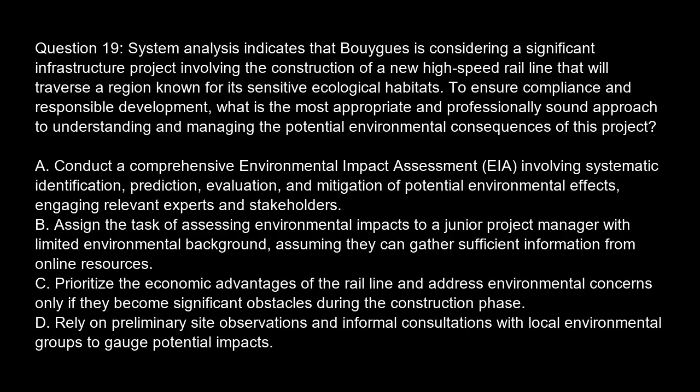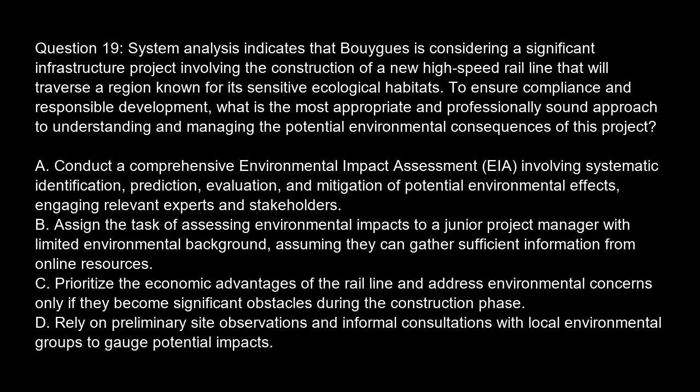Option A. Conduct a comprehensive environmental impact assessment (EIA) involving systematic identification, prediction, evaluation, and mitigation of potential environmental effects, engaging relevant experts and stakeholders. Option B. Assign the task of assessing environmental impacts to a junior project manager with limited environmental background, assuming they can gather sufficient information from online resources.